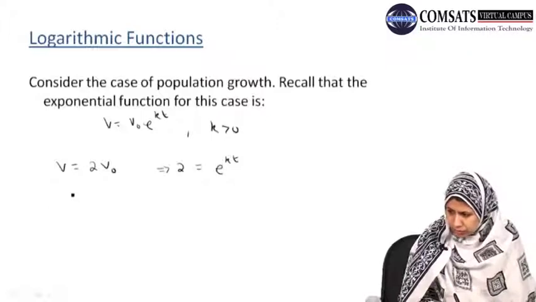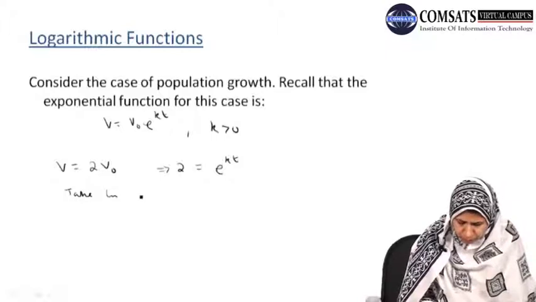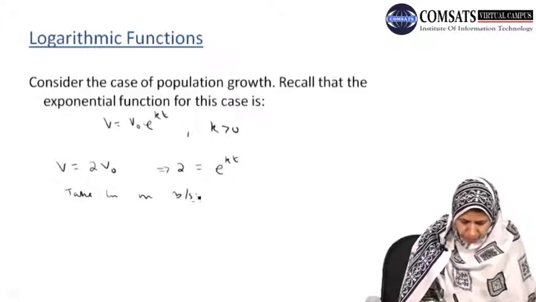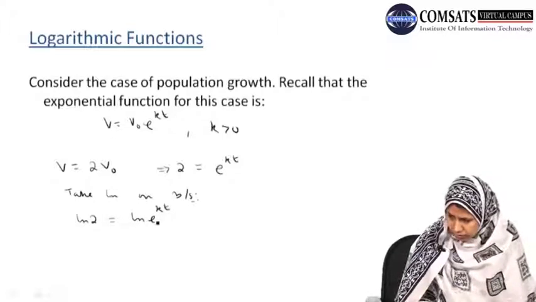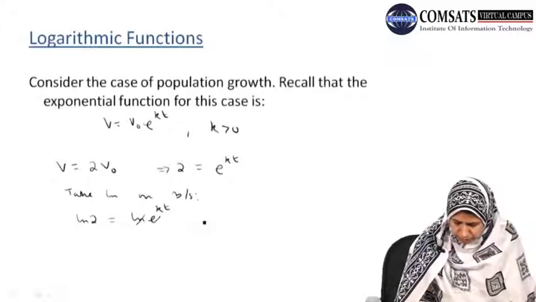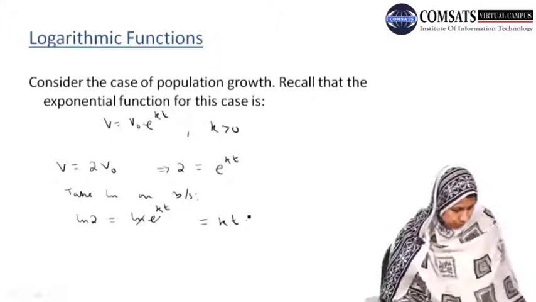But here we can take the natural log on both sides, and we obtain natural log of 2 equals natural log of e to the power kt. This natural log with the base e cancels out and we are left with kt.